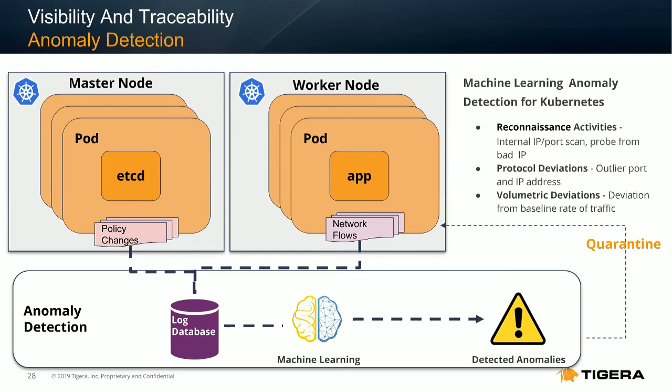In addition to this base level of visibility, Tigera Secure also provides you anomaly detection. So we look at your baseline patterns for connectivity, traffic, and also your Kubernetes API server logs, and we baseline your systems, and then we will alert you if we see any kind of deviations, protocol deviations, volumetric deviations, if we see any kind of recon activity inside your clusters, any port scans, IP scans happening, any probe coming from known bad IPs, we will track all of that.